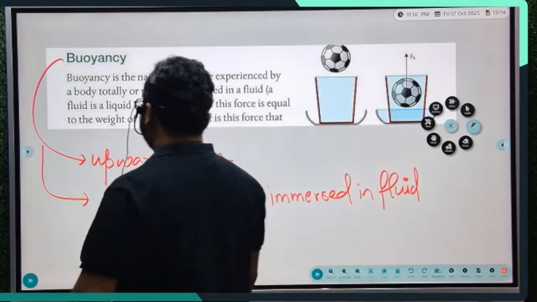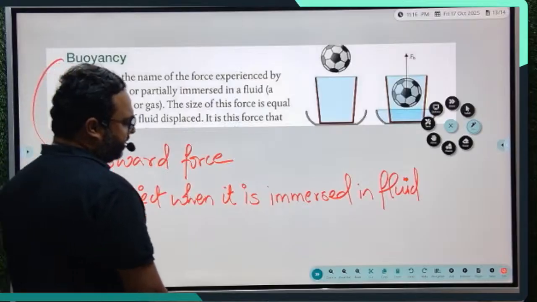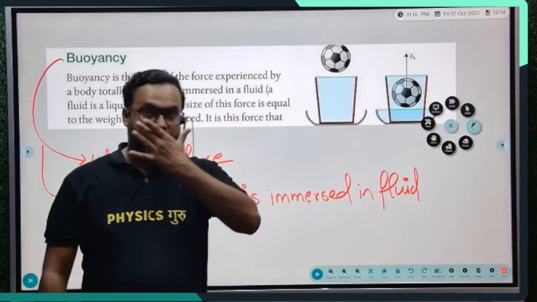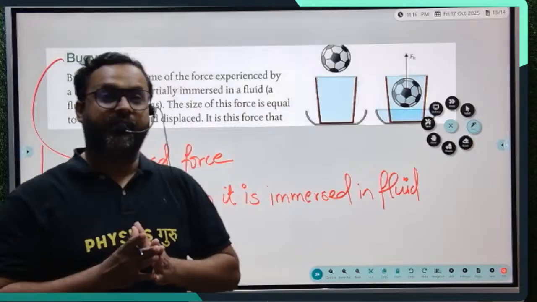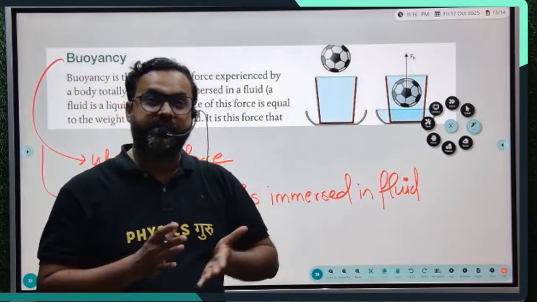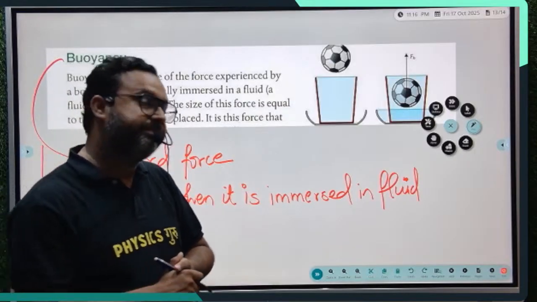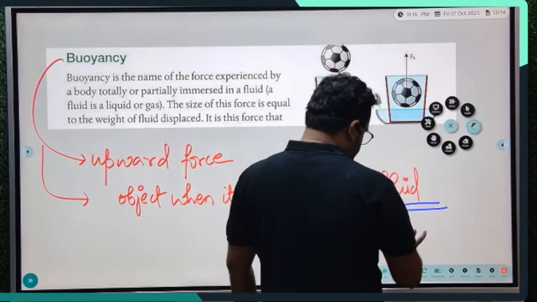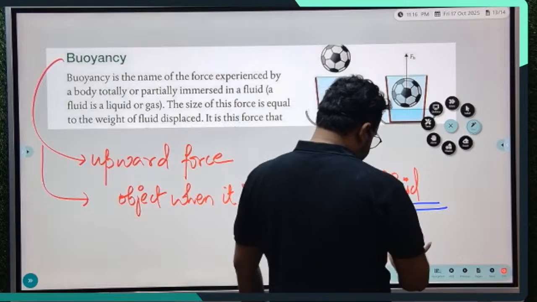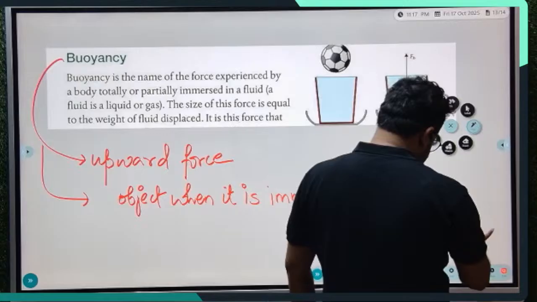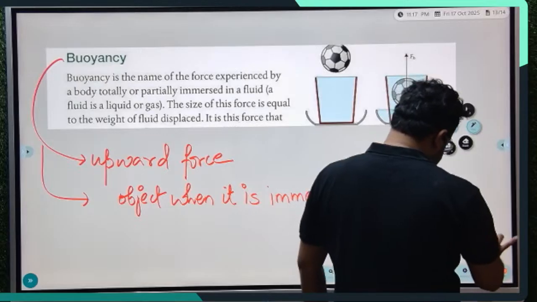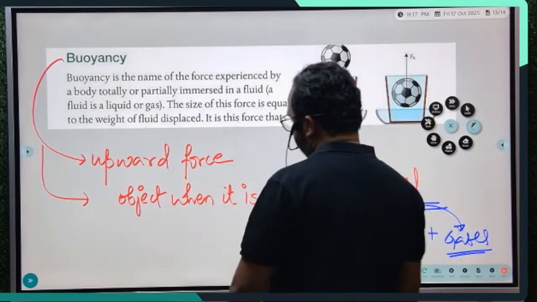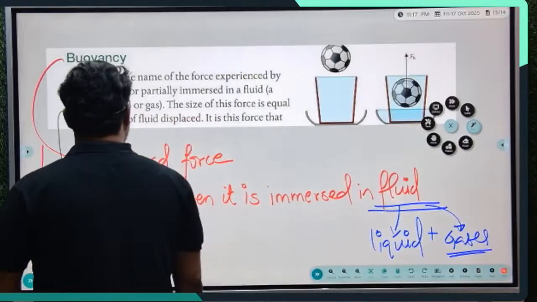When we use the term fluid, fluid means any substance that can flow easily. Examples of fluids are liquids and gases.